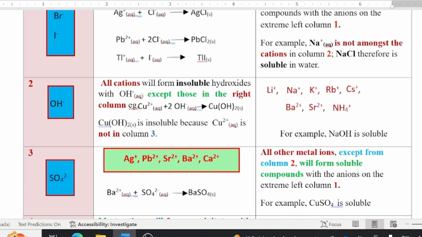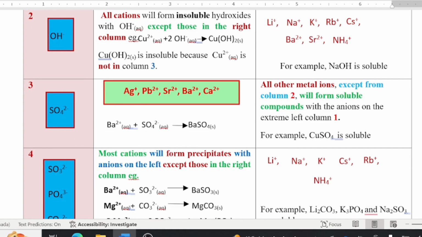Let's come to sulfate now. Any one of these here, if they encounter a sulfate ion, like when you mix them, and the other partner has a sulfate ion, they will form a precipitate. For example, barium reacts with sulfate to form a precipitate. I want to know whether or not sodium sulfate forms a precipitate during the double displacement reaction.